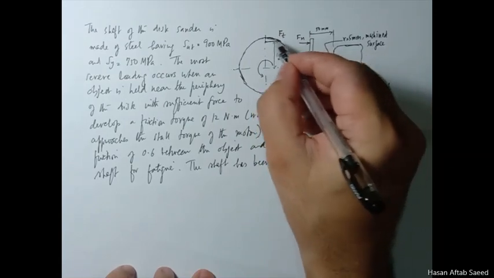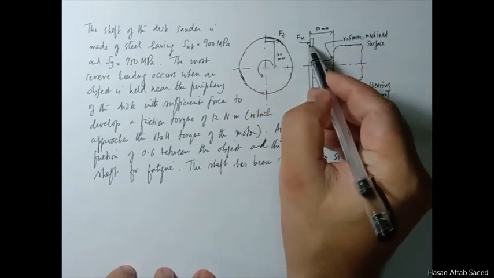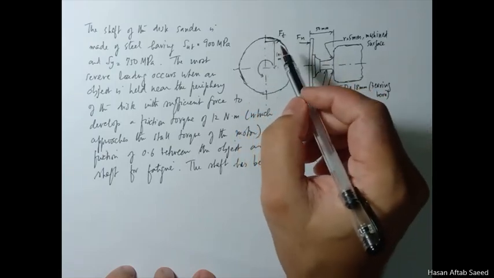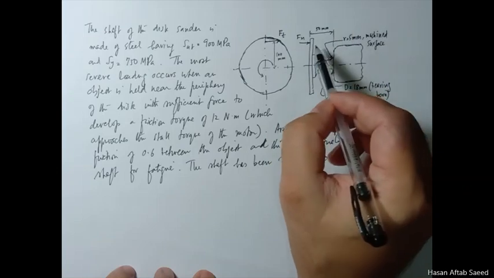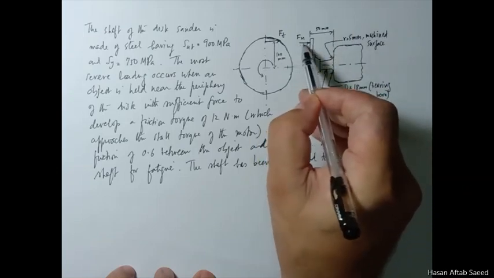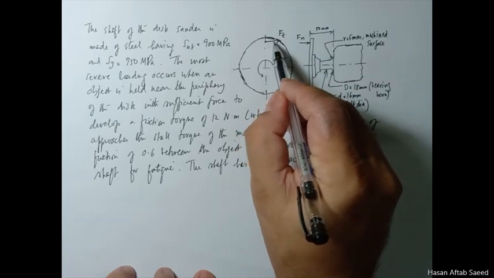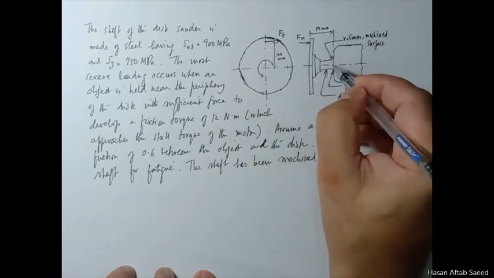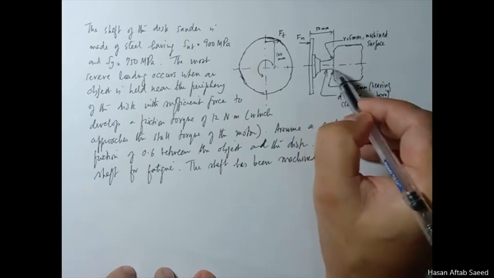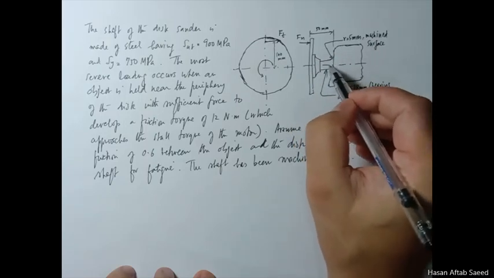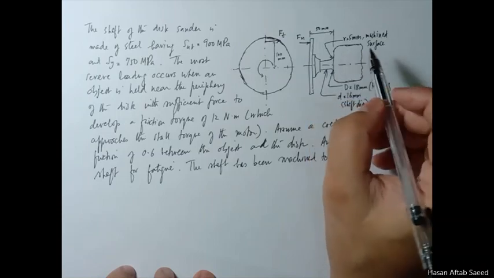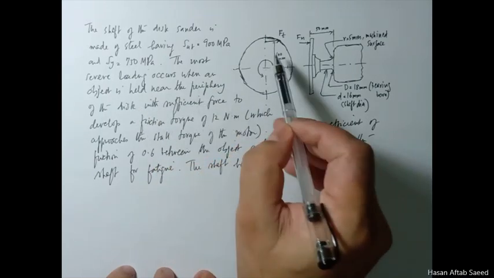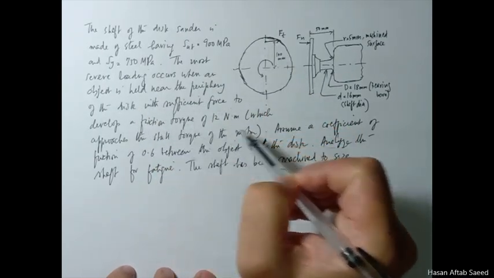You put an object close to this periphery and then you press it, and because of friction you have this sanding operation, and when you apply this Fn, normal force, there is a tangential force generated, and obviously you have loading on this shaft, and because this is rotating, you'll have torsion as well as bending loads, and we'll see that in detail. The most severe loading occurs when an object is held near the periphery of the disc with sufficient force to develop a friction torque of 12 Nm.